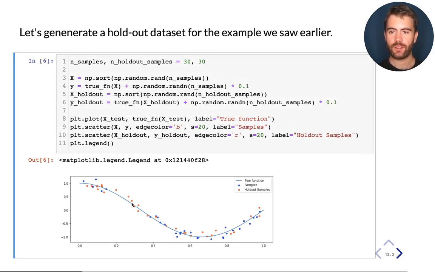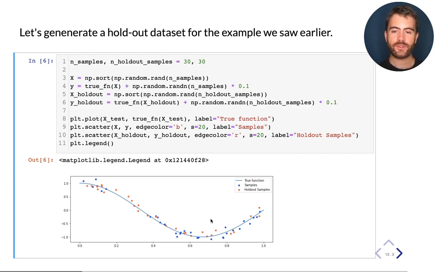So these are noisy realizations of this function that are generated by a particular probabilistic process that we have defined. And in the earlier video, I defined a training data set sampled from this distribution, which is shown here in blue, and it's the same one as in the previous video.